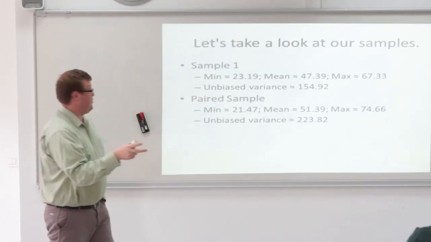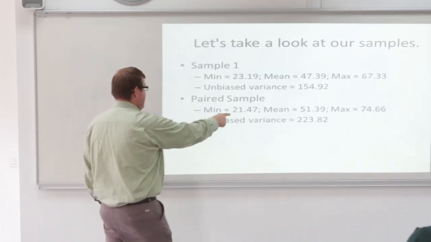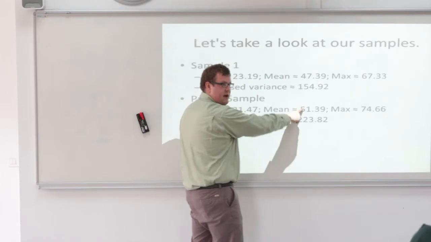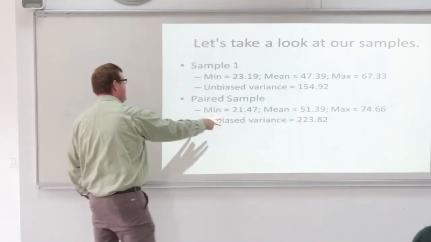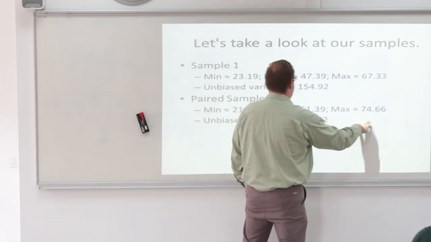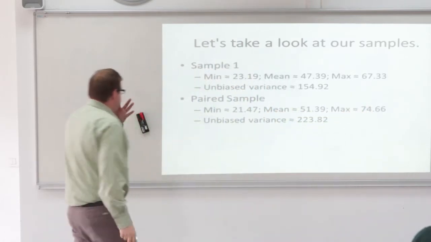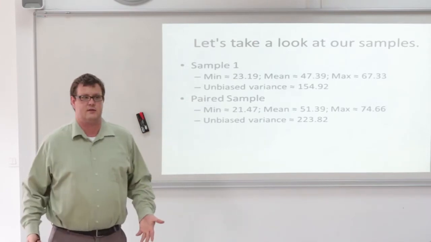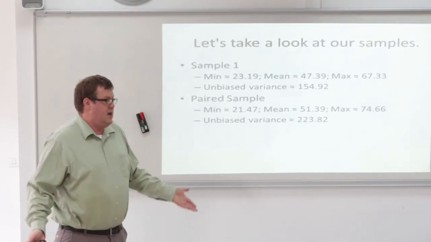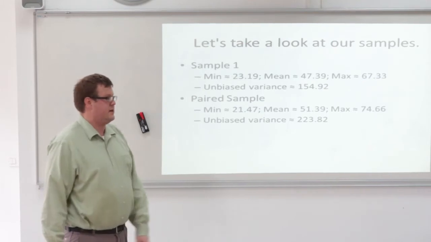Then hopefully you'll understand why much better. The mean is higher, because we've added things to them, and the max is also higher. So we have a smaller minimum, a bigger maximum and a bigger mean. Just by knowing the minimum and maximum, what should we expect about the variance? Probably going to be bigger. Well, it is.